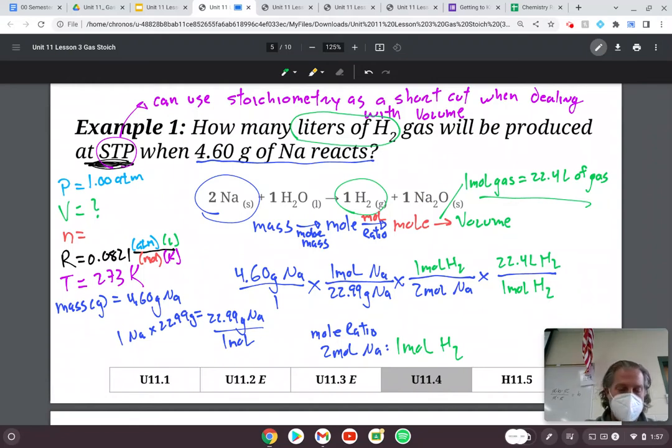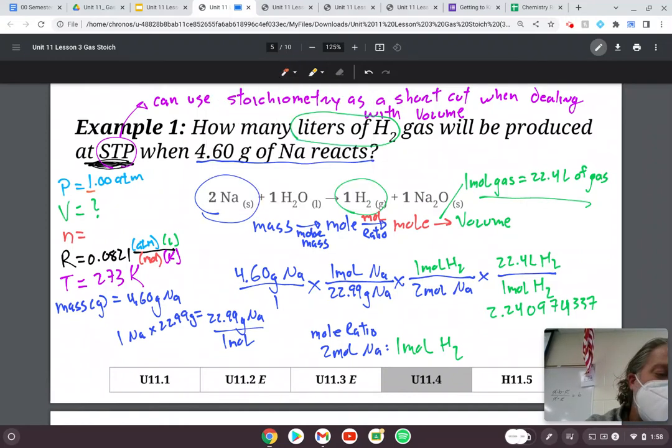So I have 4.6 going across the top times 22.4. I'm going to divide that by 22.99 and eventually by 2, and I get a value somewhere around 2.240974337. So we now need to assess significant figures.